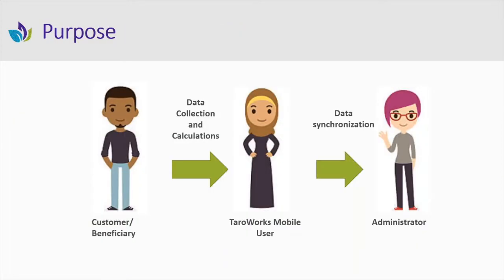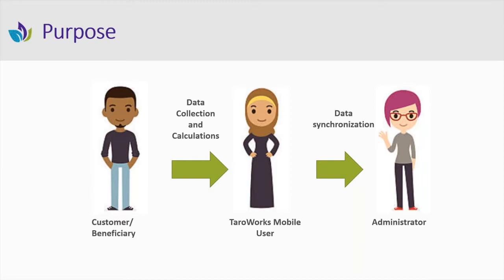So why is this important? Specifically for calculations, if you envision yourself as the TaroWorks mobile user, the woman in the center, you might be interviewing someone, whether it be a customer or a beneficiary, or generally just in the field collecting lots of information.